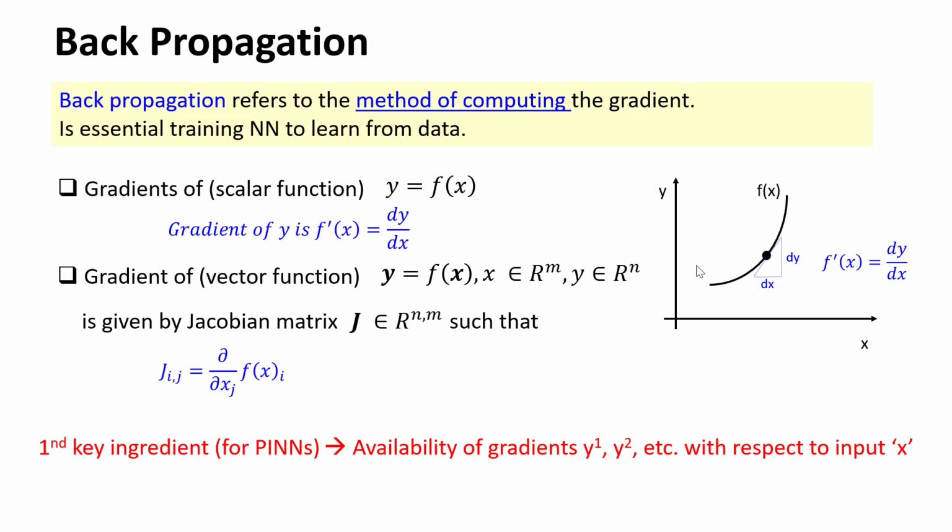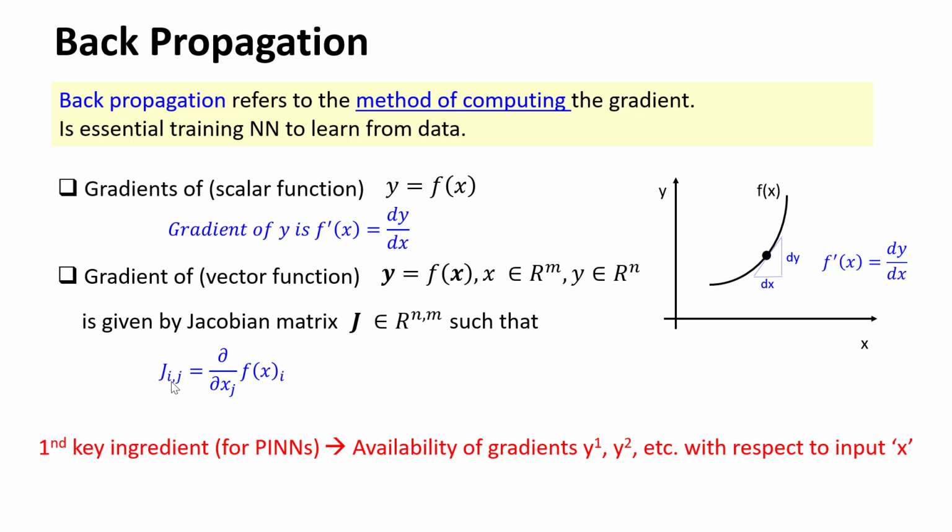And as can be seen from the figure on the right, it essentially points to being the slope at a given point in the plot. And the gradient of a vector function y as a function of x, where both y and x are vectors, is given by the Jacobian matrix such that J of ij, the individual element of those matrices, is given by the partial derivative with respect to xj of f of xi.